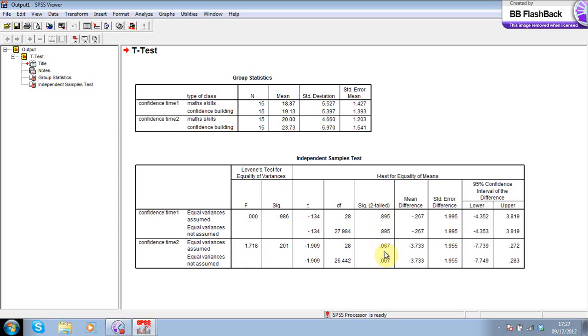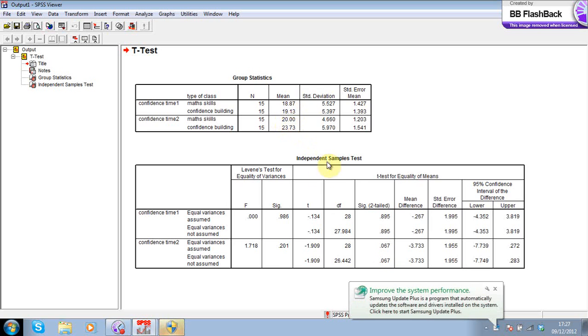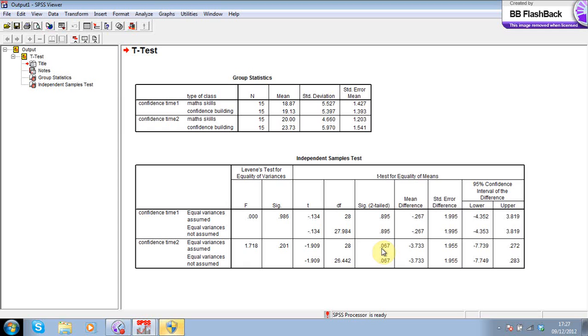This is a statistic that we do want to report, but we want to report it as a one-tailed p-value, because we had a prediction about which group was going to do better, and that prediction from these mean values is true. So the probability here then would be p equals 0.034 instead of 0.067.